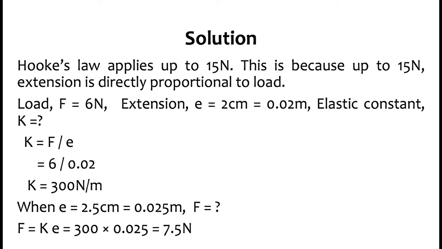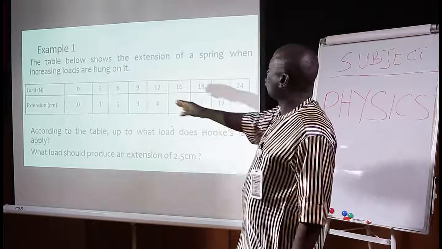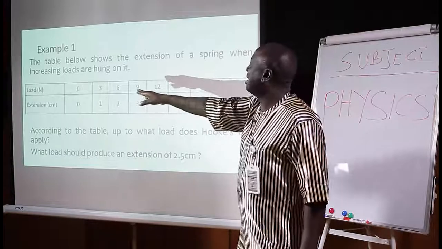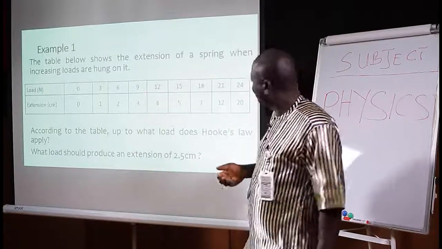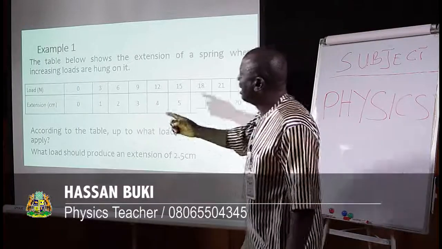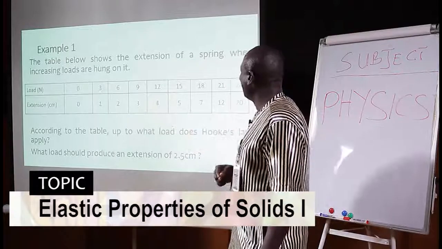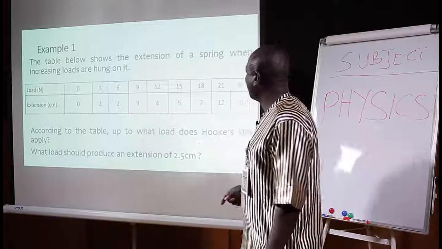Now solution. Let's go back to the table again. If we look at the table, from 0 to 15, the increase in load, all through up to 24, is constant. It increases by 3 Newton. Then the extension increases by 1 centimeter up to when the load is 15 Newton.